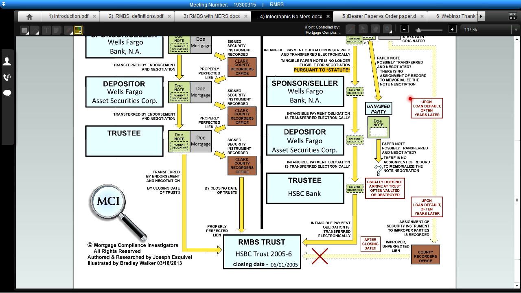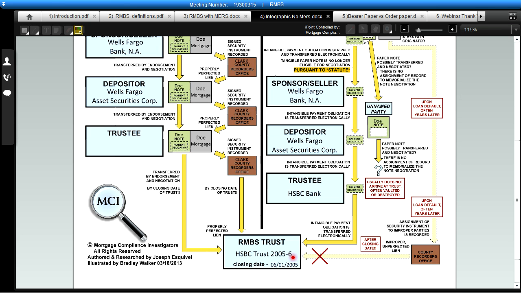An assignment many times pops up. That assignment is filed at the county recorder's office, and many times they purport to do an assignment to this 2005 trust some 5, 6, 7, 8 years later.